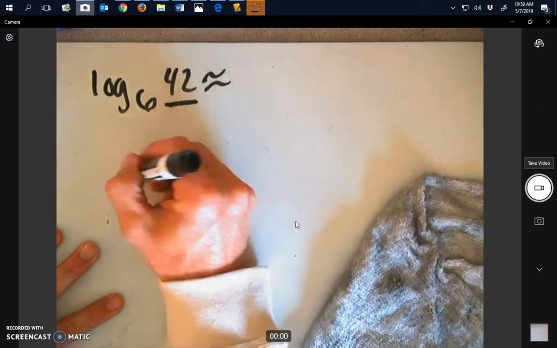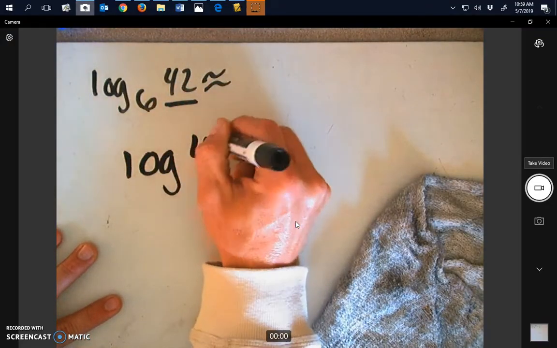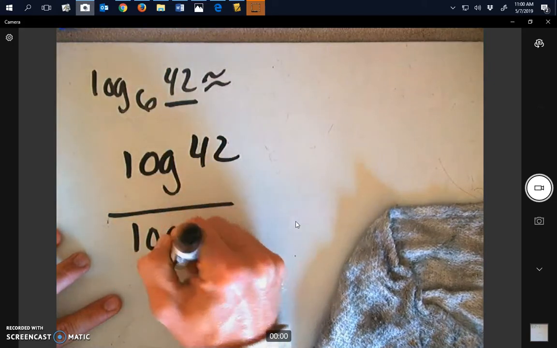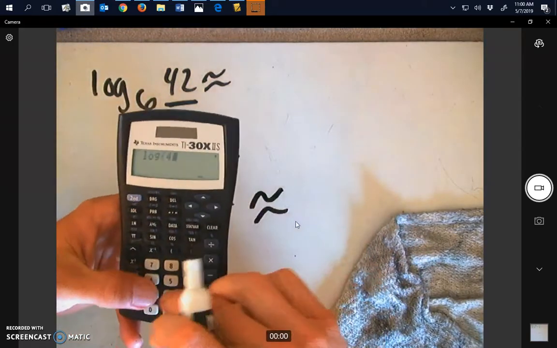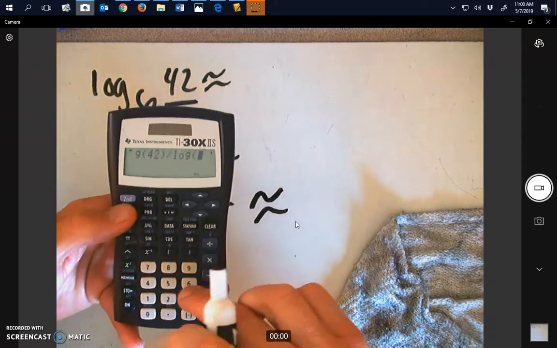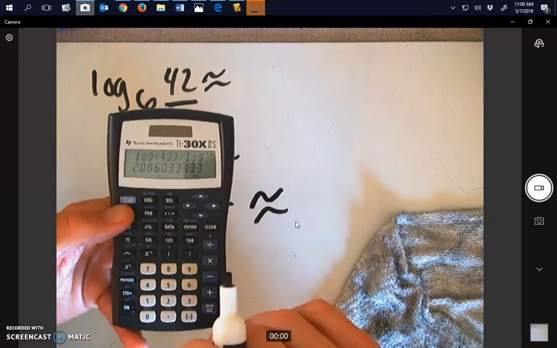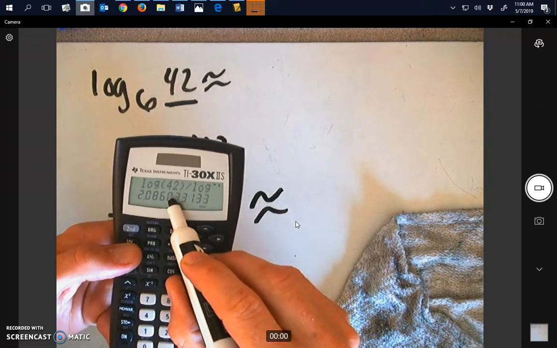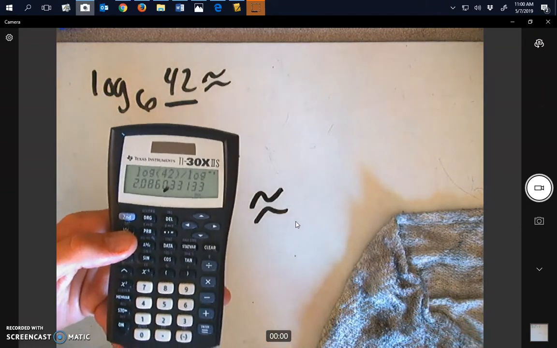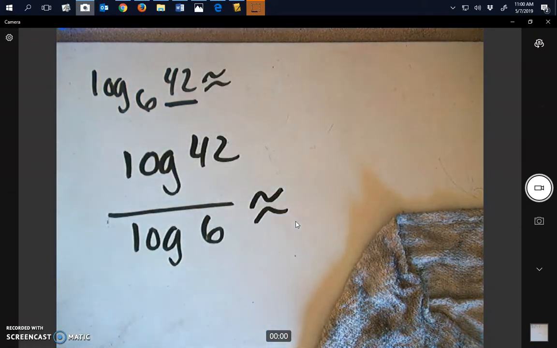We have our big number here, which goes on top. Log 42 over log 6 is approximately equal to what? Well, log 42 divided by log 6 is 2.086, and there's a 0 here, so we don't have to round anything. So it's just 2.086.